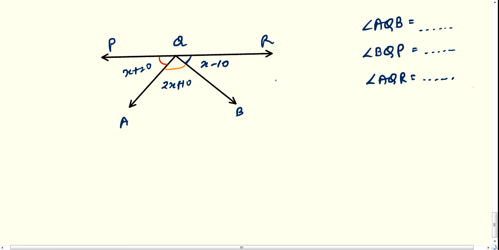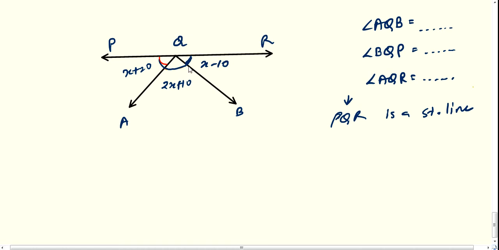So in question number 11, again we have a straight angle. PQR is a straight line, and in PQR, at Q there is a straight angle of 180 degrees. Clear? So as you can see, in this 180 degrees we have three angles: angle number 1, angle number 2, angle number 3.